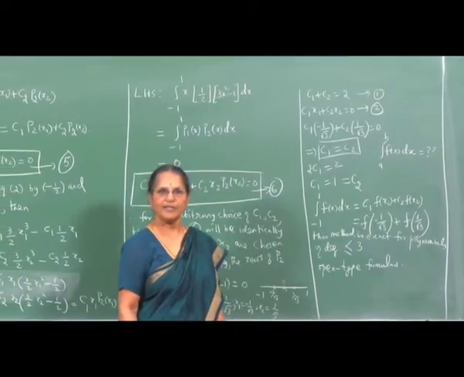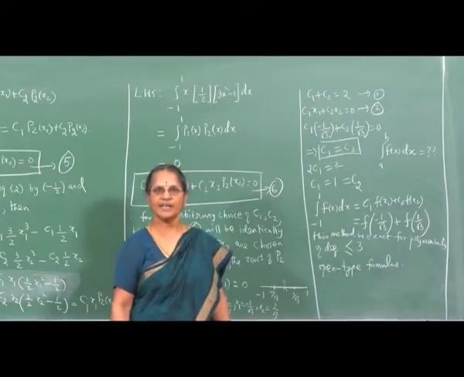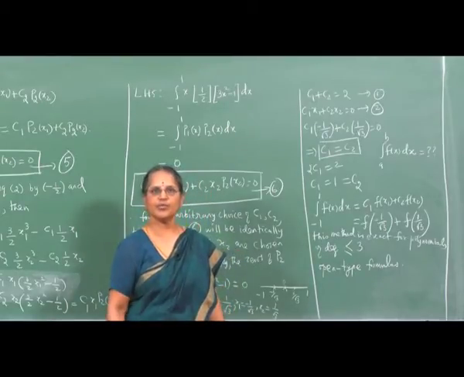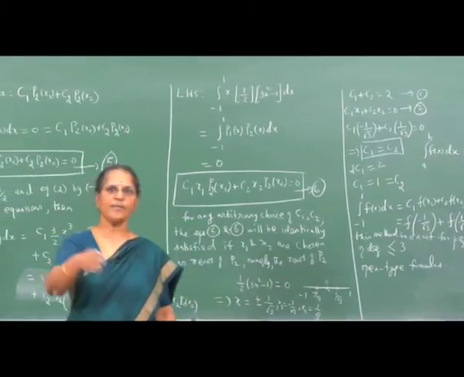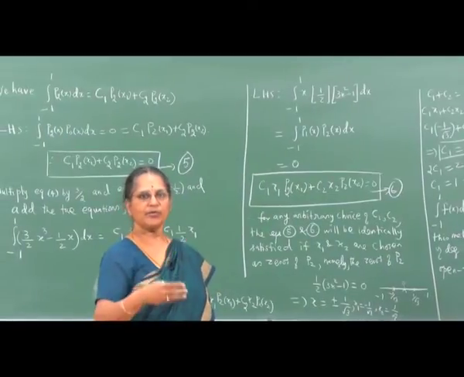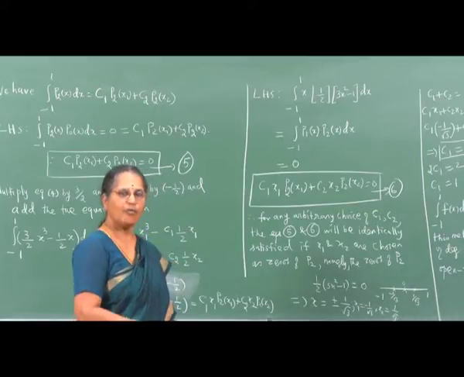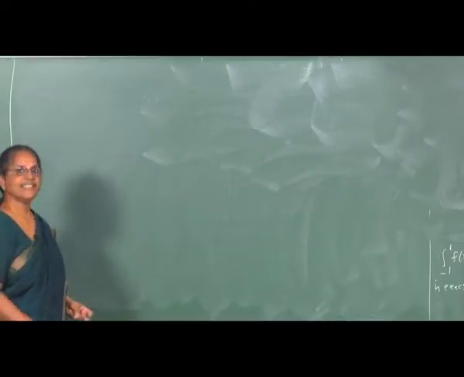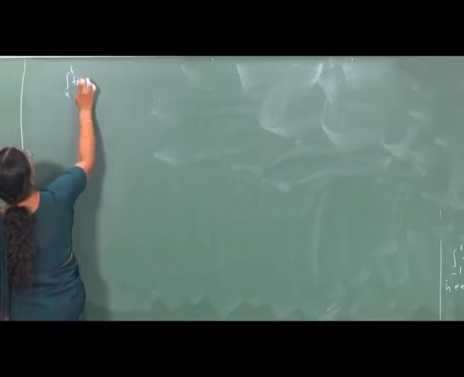So, we have to convert this integral a to b f of x dx to an integral of the form integral minus 1 to 1 f of x dx. So, we consider a transformation which converts integral between a and b to an integral between minus 1 and 1. So, let us see how we can do this. So, let us consider integral a to b f of x dx.